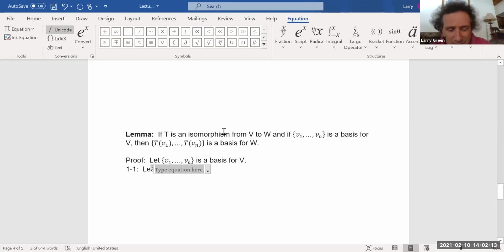So let's suppose that C1 T of V1 plus ... plus Cn T of Vn equals 0. Okay. Well, what can I do?